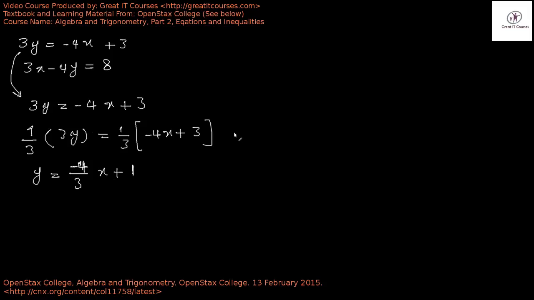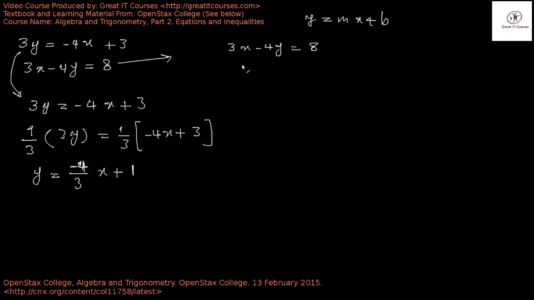So then let's do the second one. The second one is basically 3x minus 4y is equal to 8. You want to write it in the form y is equal to mx plus b. So keep your y term on this side and then take this one to the other side.